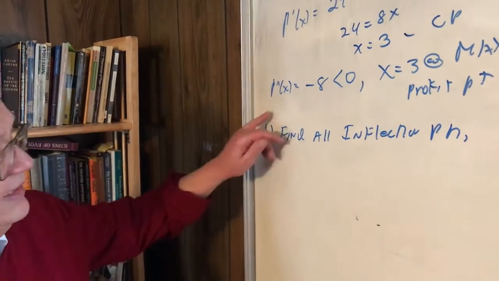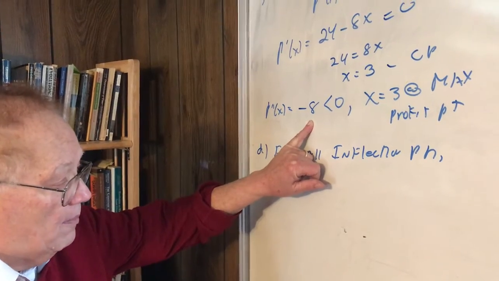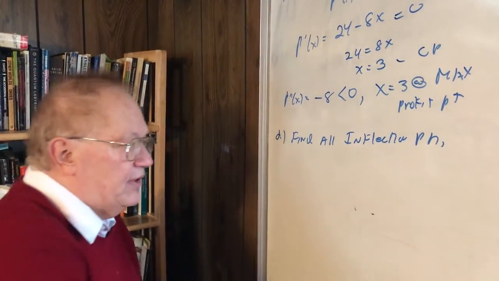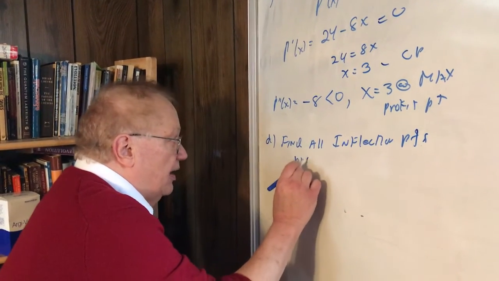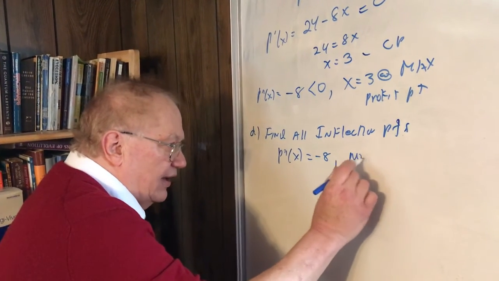Well, you see, I really can't do it because P double prime is minus 8. Because P double prime x is minus 8, there are no inflection points here.